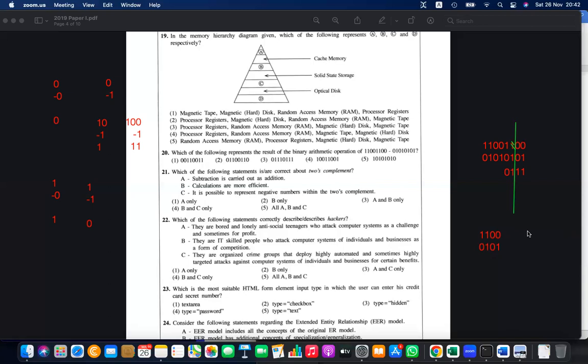Come on, you know that 1100 decimal value. 12. 0101, what is the decimal value? 5. 12 minus 5. What is the value? 12 minus 5. 7. How to write 7 in binary? 1 1 1. Okay. You found the answer, right?